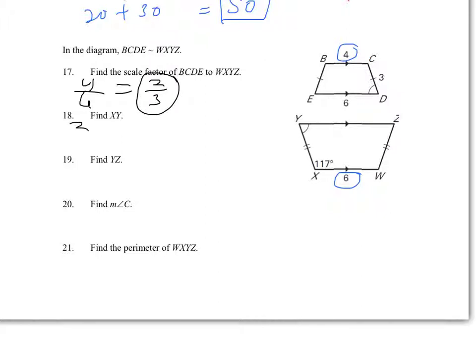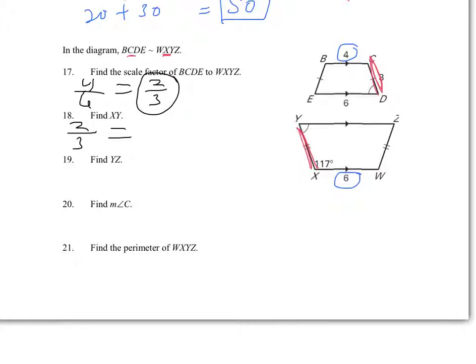I'm going to use that to figure out the rest of these numbers. So I have to go in order from top to bottom, kind of the order it's in. So find XY. XY is right here, and so that's going to correspond with CD. You might be able to just see that, or again, if you look up at the similarity statement, XY are the two letters in the middle, CD are the two letters in the middle.